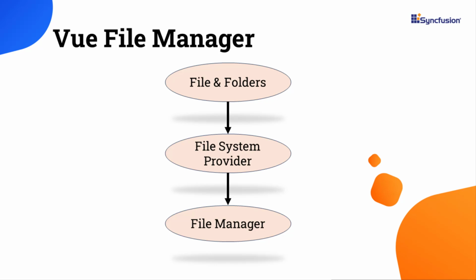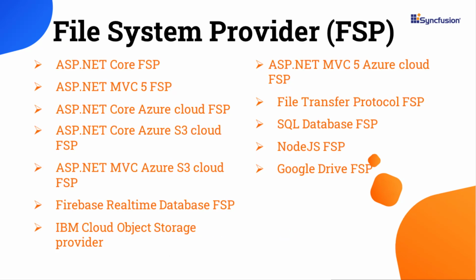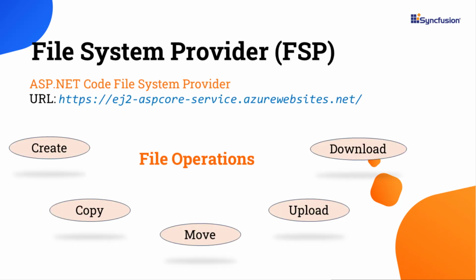So, it is necessary to use a supported file system provider to manage the files and folders. These are some file system providers that can be added to the Syncfusion Vue File Manager. Check out the link in the video's description to learn about the other file system providers. I will be using the ASP.NET Core File System Provider's URL to access its API methods.